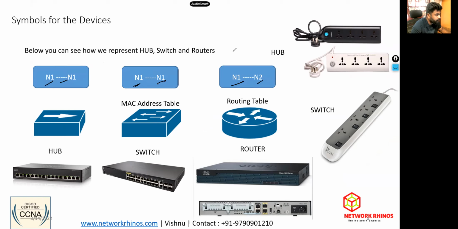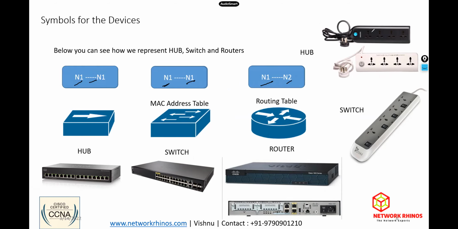When I say different network or same network, there's a high chance that you may not be able to understand what I'm saying. But when I talk about IP addressing and subnetting, you'll understand this topic. As of now, just keep this image in your mind: switches and hubs are used to connect same network devices, and routers are used to connect different network devices.